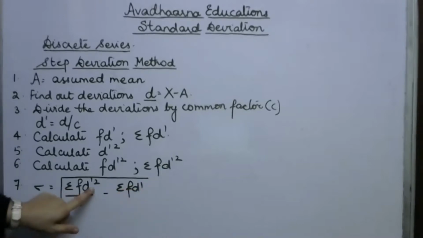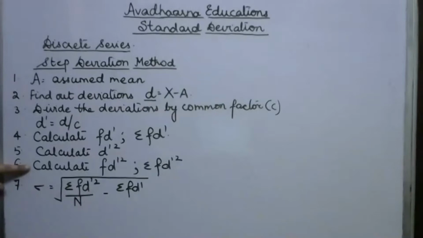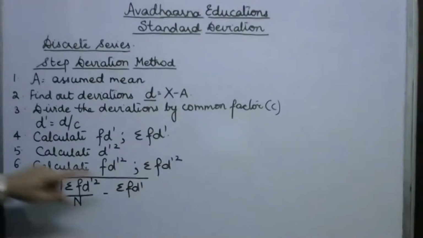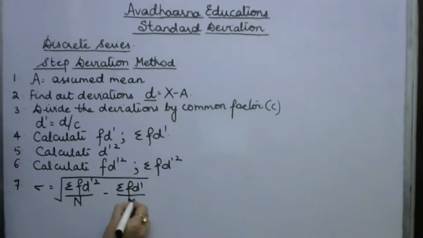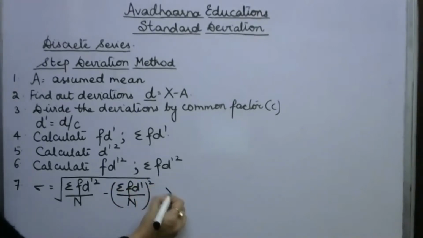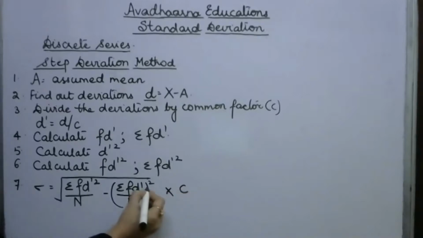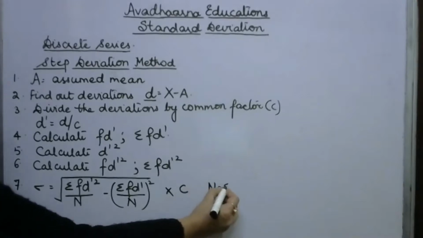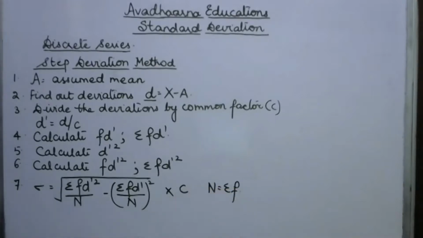See, this summation fd dash square we have obtained from step 6, and summation fd dash is obtained from step 4. Multiply it by c, that is the common factor, and n is nothing but summation f. Now let's understand this method with the help of an example.